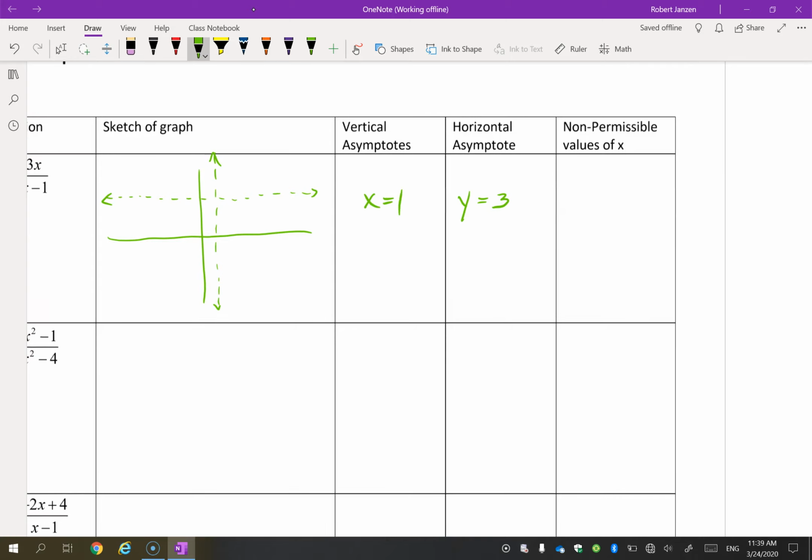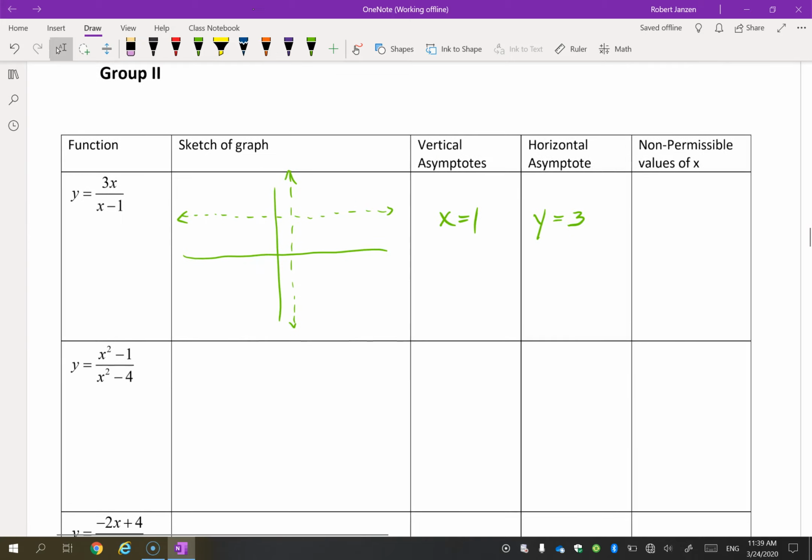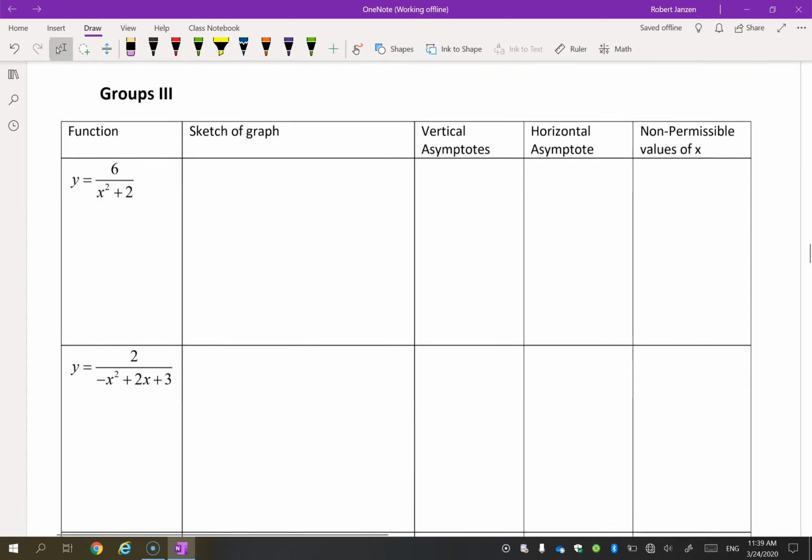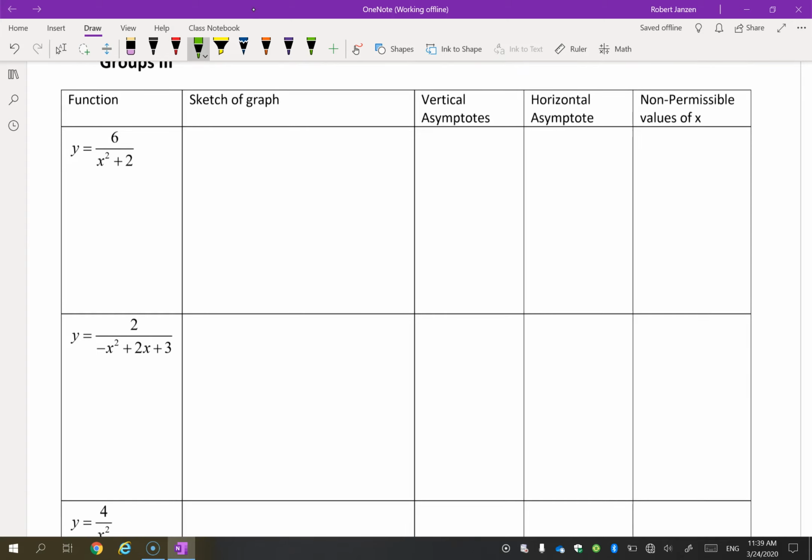And I think the graph is going to look something like this. I'm not totally sure because I'm just winging it, but it's going to look something like that. What are the non-permissible values of x? They're usually the vertical asymptotes. X can't be negative 1. So try a few more of those. Then we'll go to group 3.